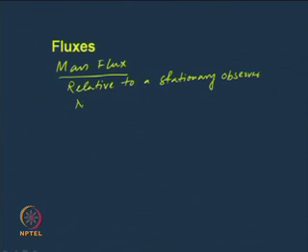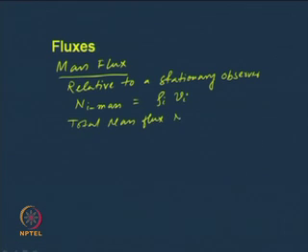So, n I mass is rho I V I, and the total mass flux n mass is rho V mass average.